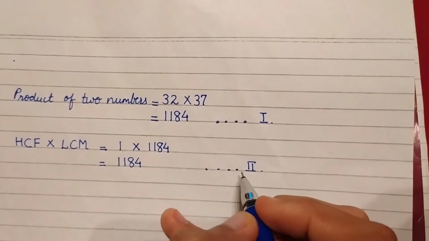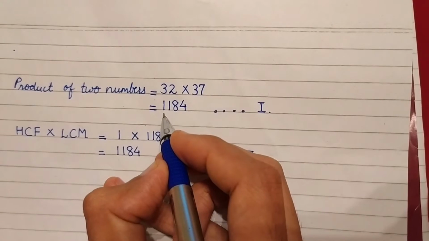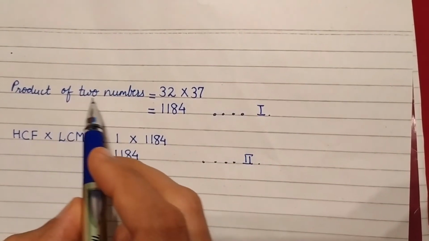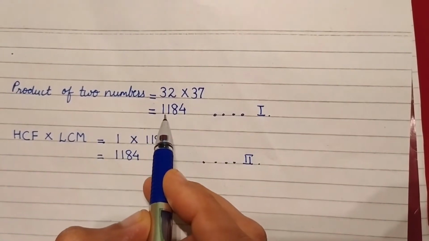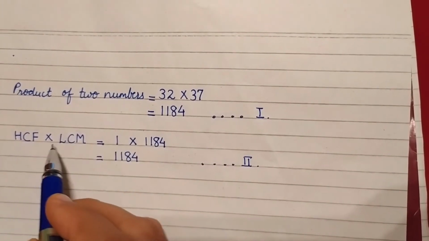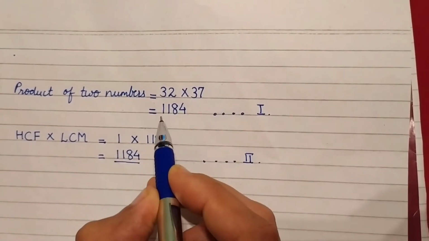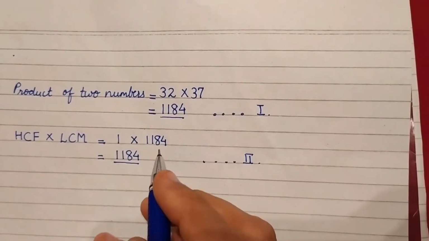Now, children, what we observe from statement 1 and 2, we can see the value of product of two numbers is 1184 and HCF into LCM is also equals to 1184. Means both values are same.